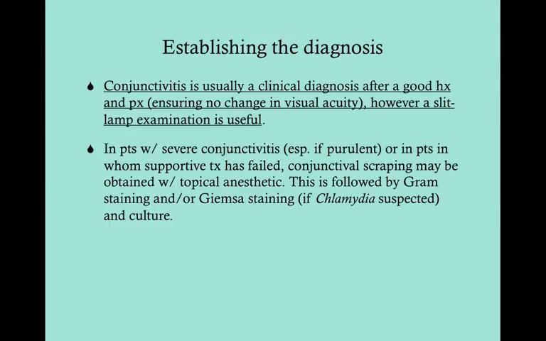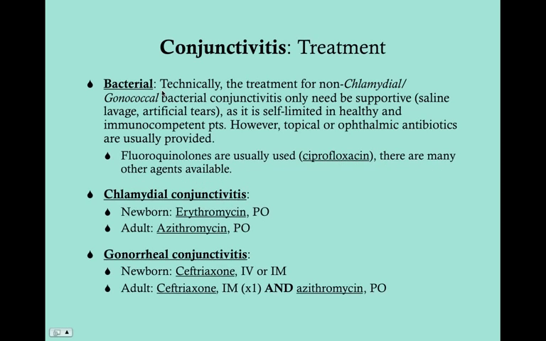And of course, you'll do that with a topical anesthetic, and you'll do a gram stain and/or a Giemsa stain. Giemsa stains are done for chlamydia, and then also culture. But typically, you don't need to do this. It's just diagnosed clinically. So what do we do for treatment?